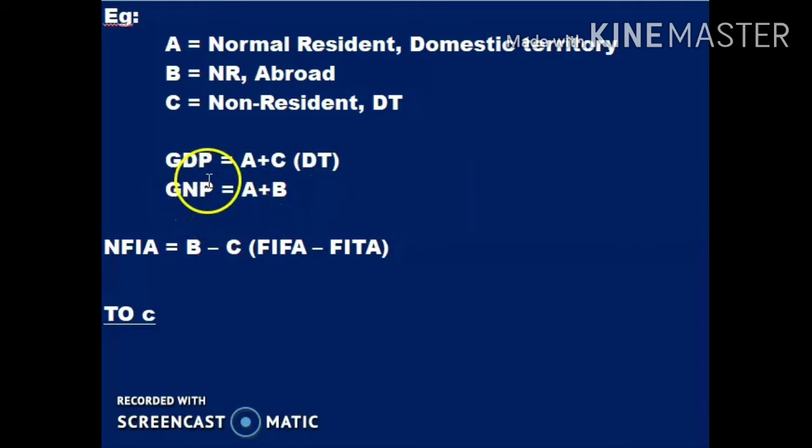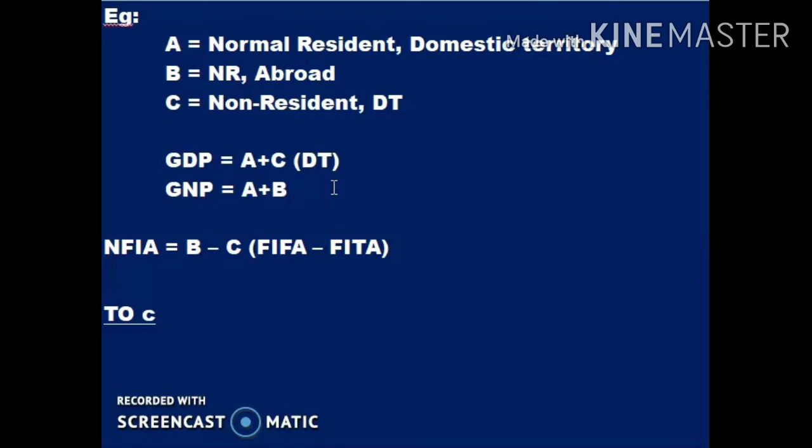When we convert domestic to national, we take income from abroad also. We take into consideration those who are working abroad, whose income also flows here, so the income received from abroad is also taken into consideration.